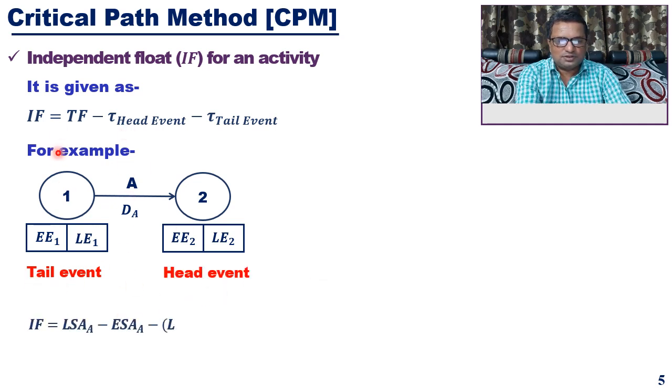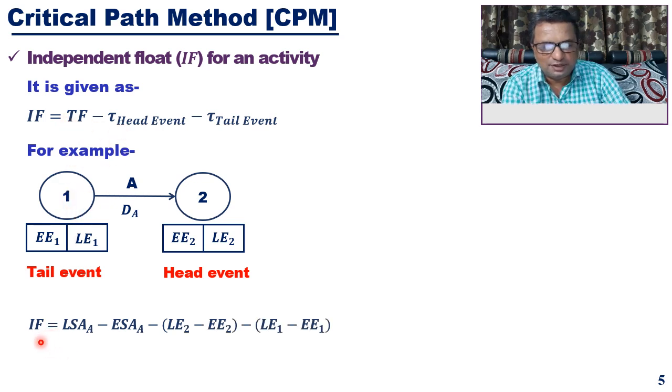Now, as per the definition, independent float will be total float. Total float for this activity, for this example, is the difference between latest start time and earliest start time. So independent float is equal to latest start time for activity A minus earliest start time for activity A minus slack for head event.